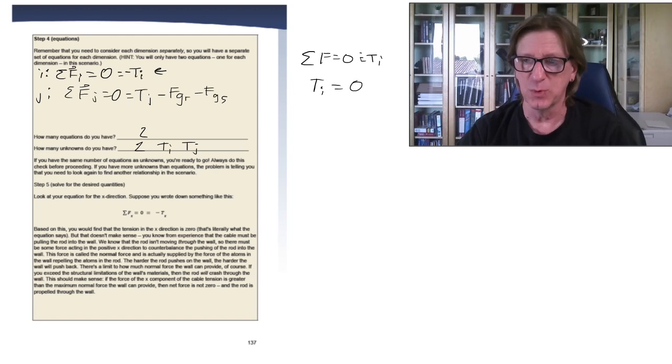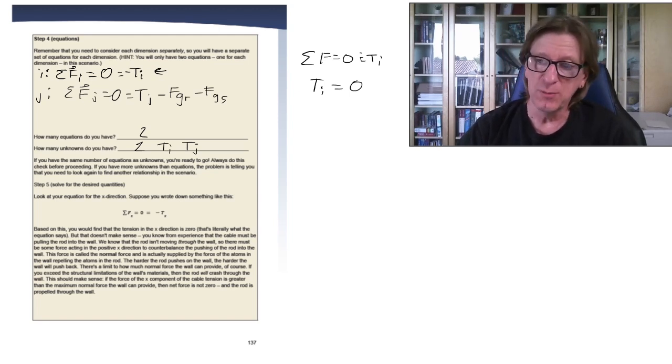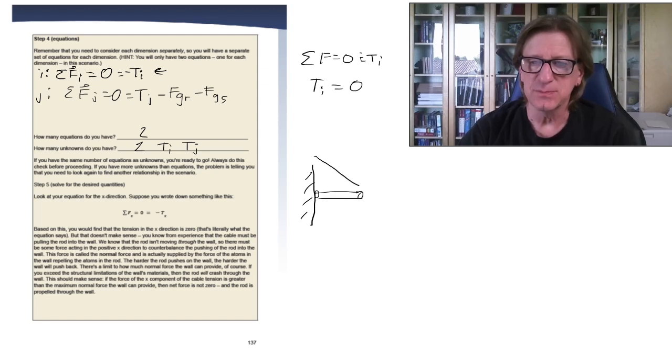We've mentioned it briefly before, but a normal force is the force of that wall pushing back. Let me draw our wall here. And here's our rod, right? And here's our tension. And just for completeness, we'll draw the sign in here. So I have a tension acting this way.